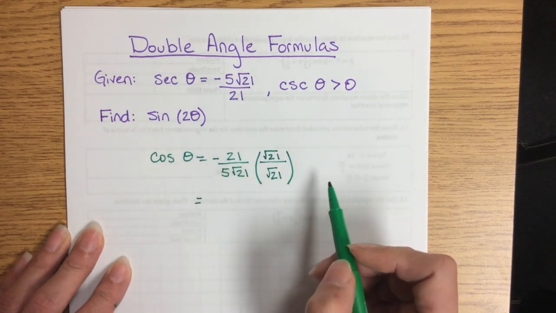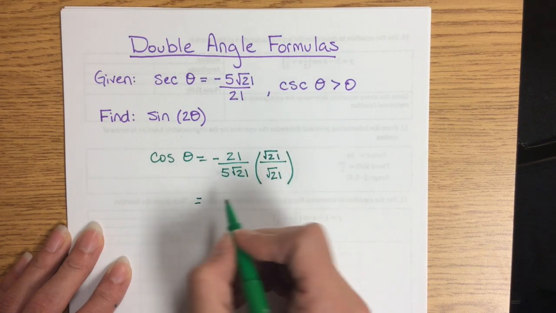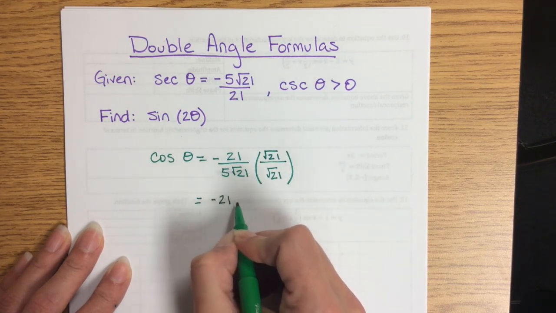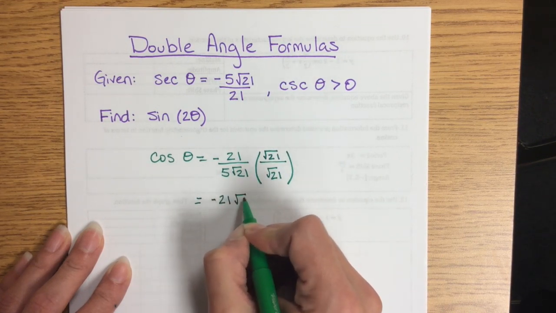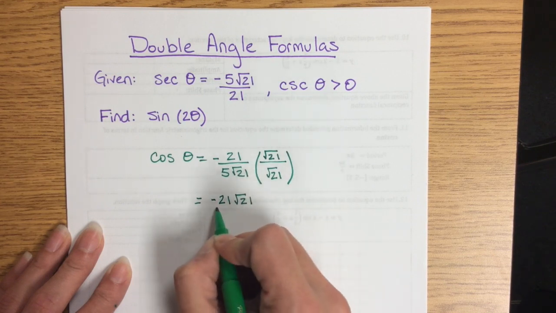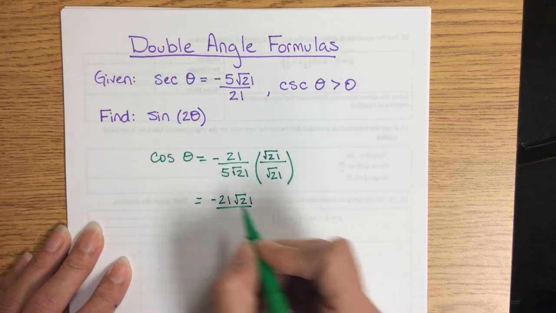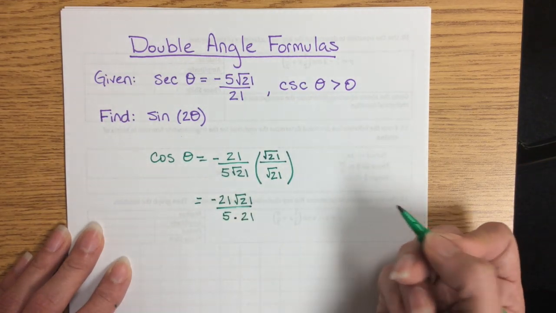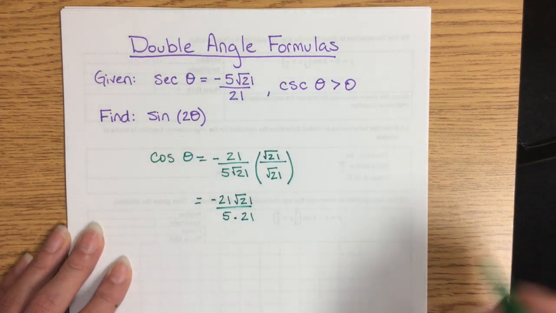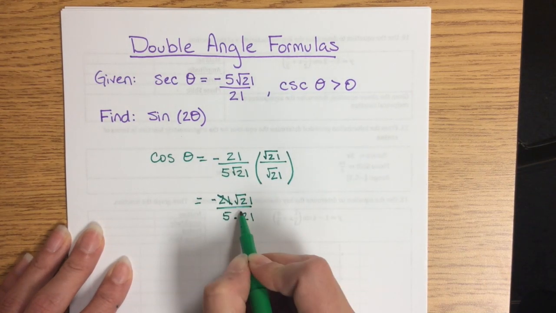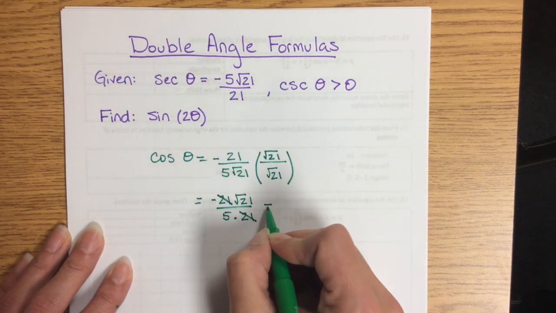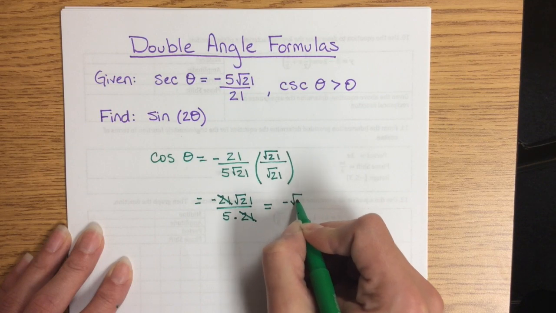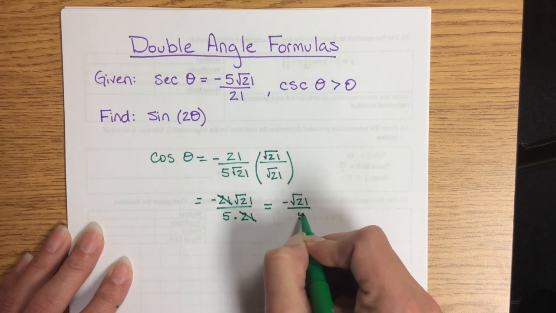And so when we do that, we end up with negative 21 times the square root of 21 over 5 times 21. I didn't multiply these out because I knew that this was going to cancel right here. And so we find that it is negative square root of 21 over 5.